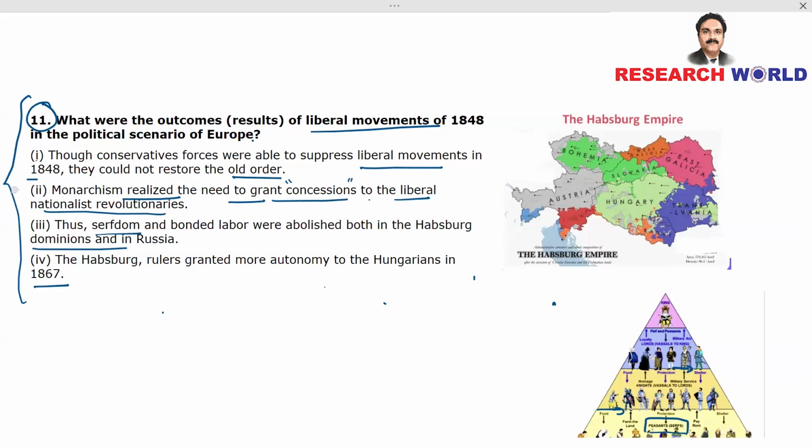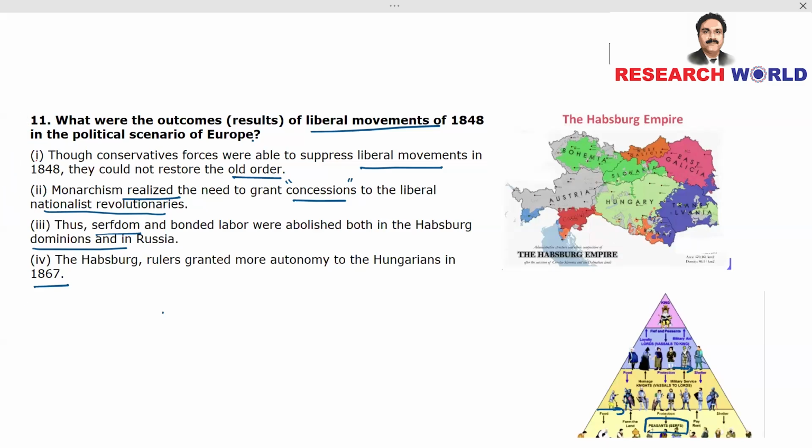What do you mean by granting concession? Like saying that okay, now you can publish whatever you want against anyone, you'll have the freedom to dissent, you have the freedom to associate, etc. These were considered not as rights but as concessions given by the monarchy.